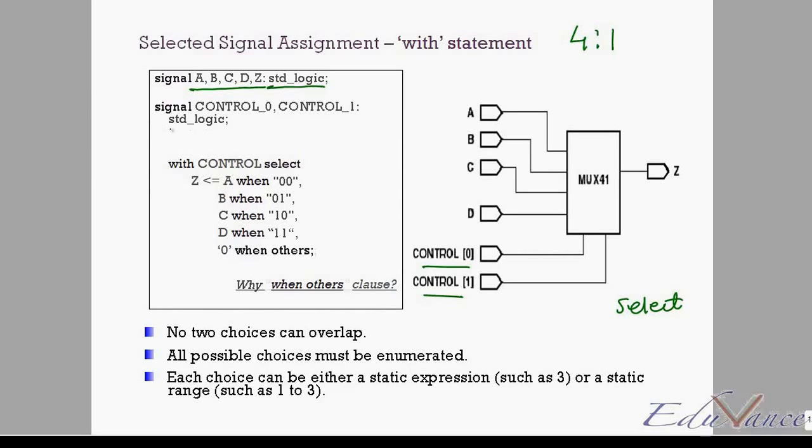Now the syntax for control select is fairly straightforward: with my control line I select, Z gets A when both my control lines are 0 0.